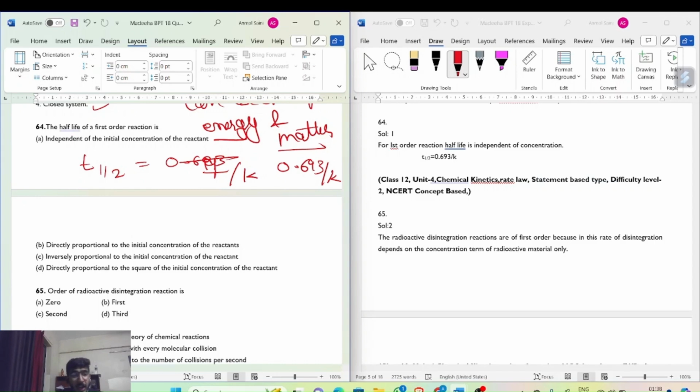First is independent of the initial concentration of reactant. Second, directly proportional to the initial concentration of reactant. Third, inversely proportional to the initial concentration. Fourth, directly proportional to the square of initial concentration. We can clearly see in the formula that it is independent of concentration. So option number 2 is incorrect, 3 is incorrect, and 4 is incorrect. Independent of initial concentration, yes, option number A is correct.